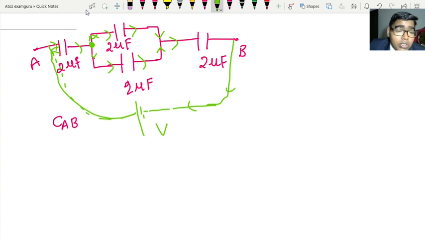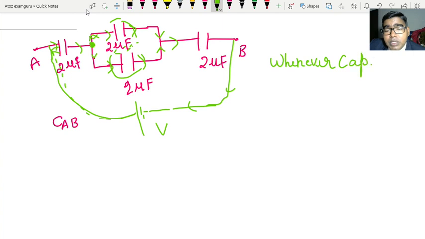So these two elements are in parallel, and when capacitances are connected in parallel, you simply add them algebraically.